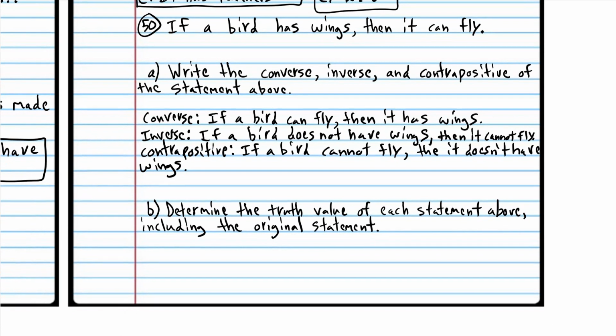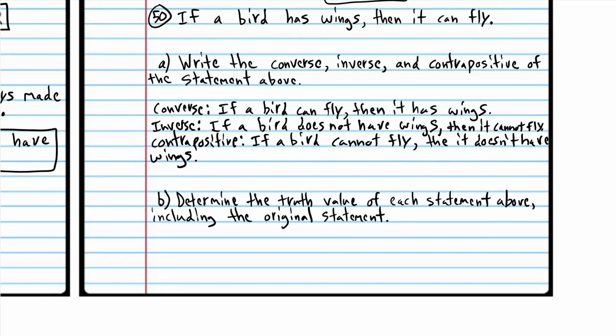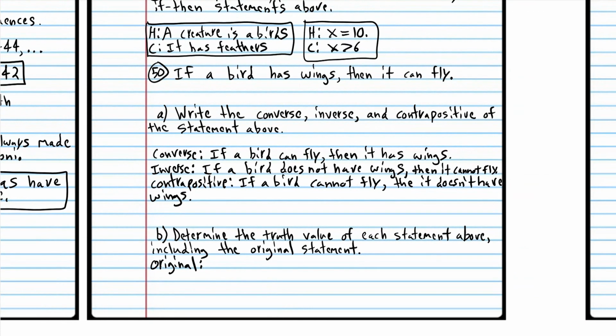So part B is determine the truth value of each statement above, including the original statement. So let's start with the original, and see if that is true or false. So if a bird has wings, then it can fly. Is that true or false?